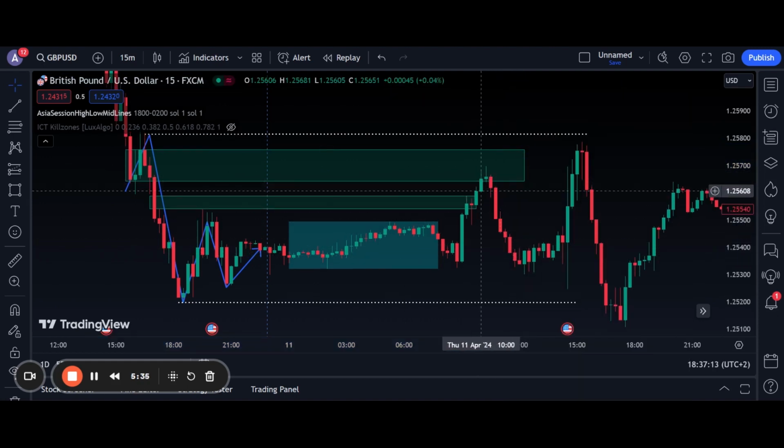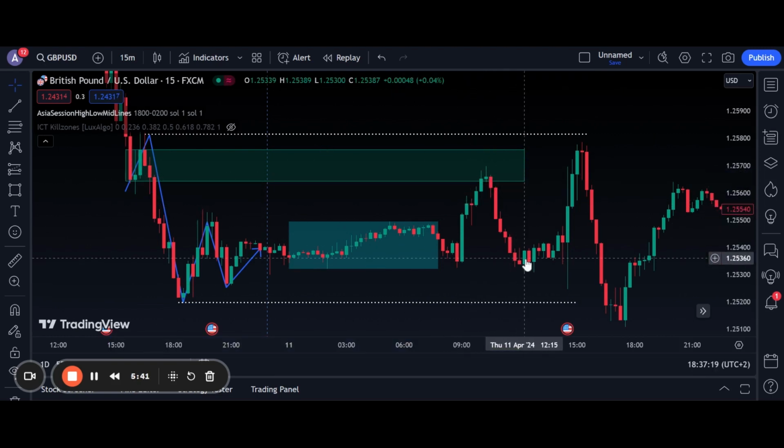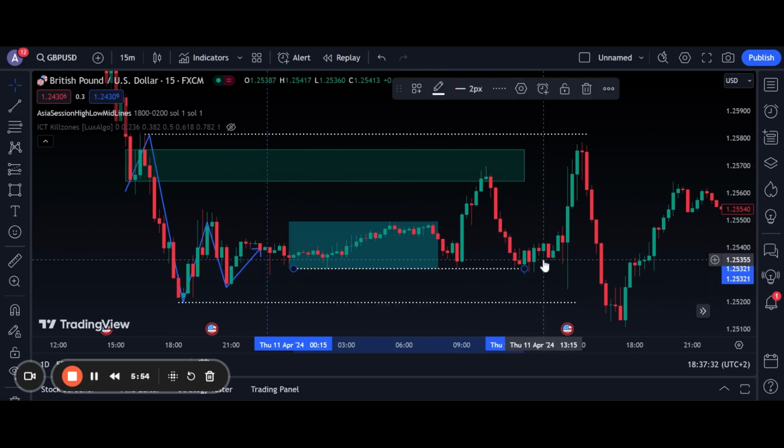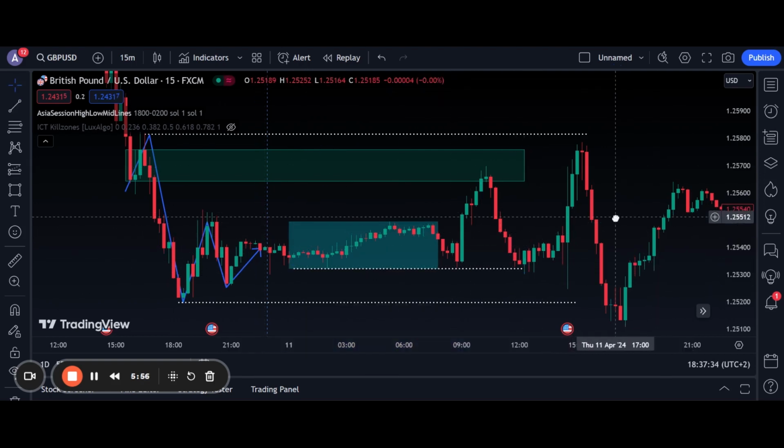As you can see, we did disregard this imbalance, but when price got here, we got a sell off. So somewhere in here, we can usually find a setup and we take it back to discount or even our session lows, in this case our Asia session lows. That will be a great trade, and you can see this basically happen a lot of times.